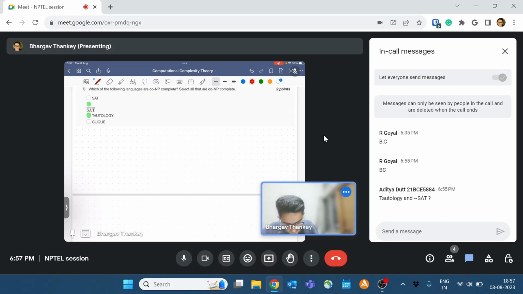Let me write this. L is in co-NP. Actually, I'm sort of confused about non-deterministic Turing machines itself.